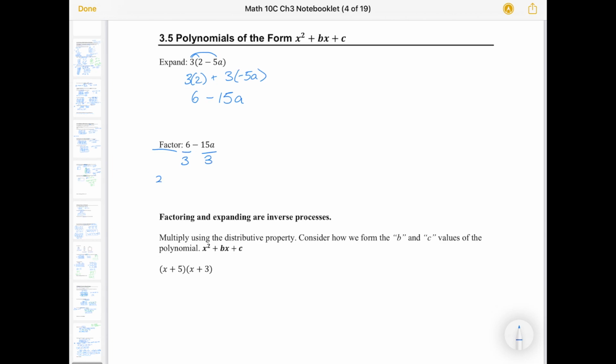So I'm going to put my 3 here outside of the brackets, and 6 divided by 3 is 2, and minus 15 divided by 3, which is 5, and the a along for the ride. So I've expanded, I've factored, I'm sort of going back and forth between the two forms, but notice just how similar the process is as well.